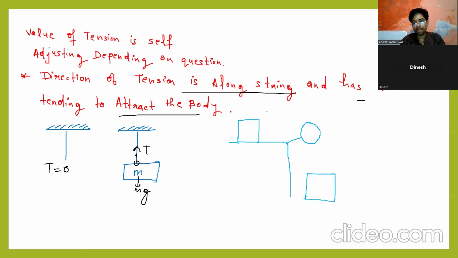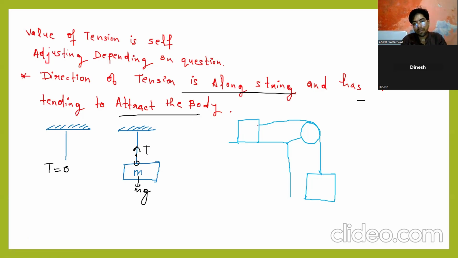See what I am doing. There is one string passing over a pulley like this, and it is attaching these two blocks. Understood? The same string is attaching two blocks. If the string is the same, then tension will be the same. Because the string is not changing. If the string changes, then tension will also change.